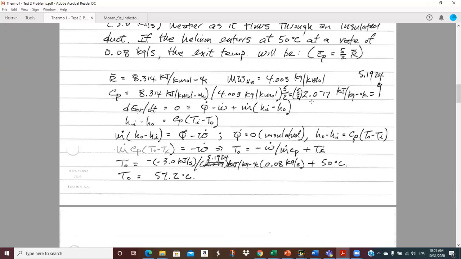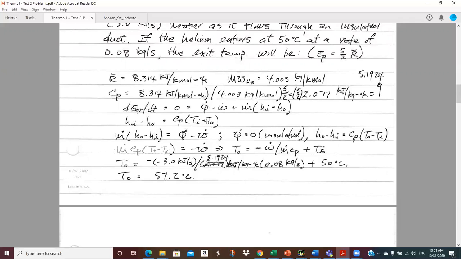Now this says degree K up here. As long as it's a temperature difference, you can work it in degrees C or degrees K, because if I convert this, I add 273 to this number, and I add 273 to this number, but this is the negative of it, so the 273 cancels out.